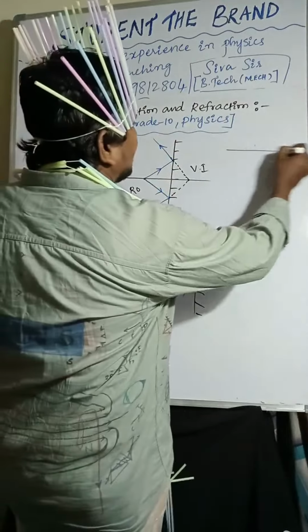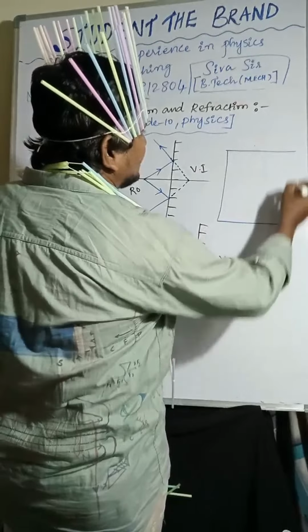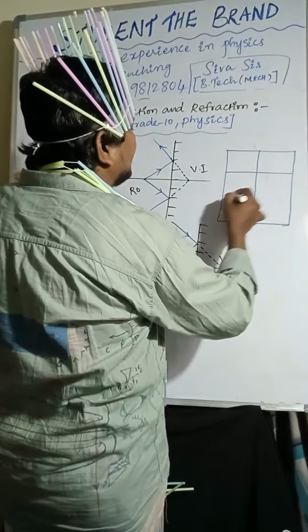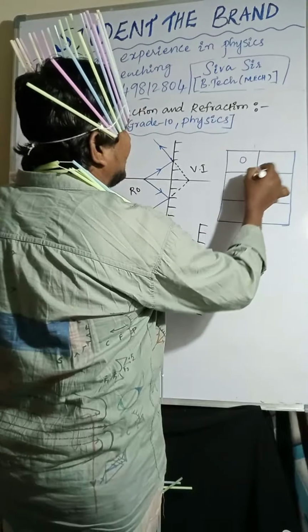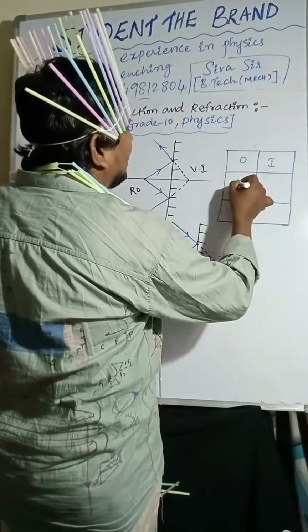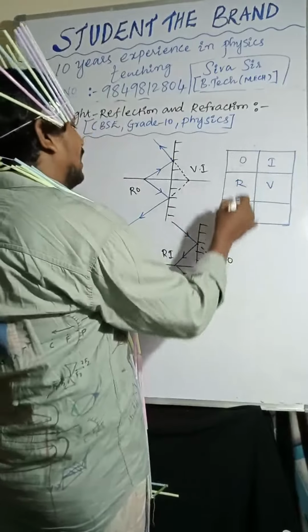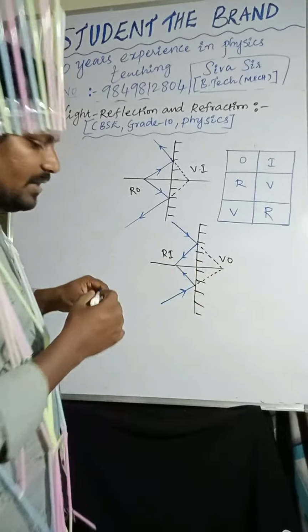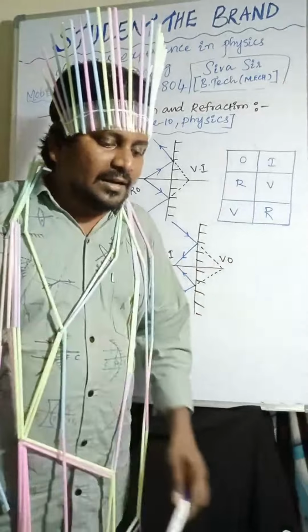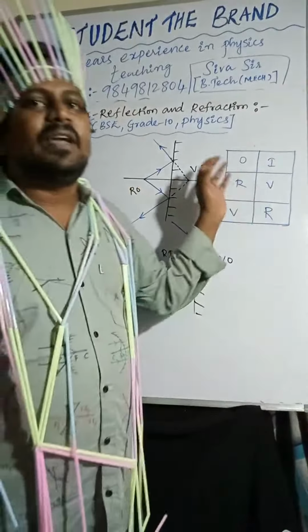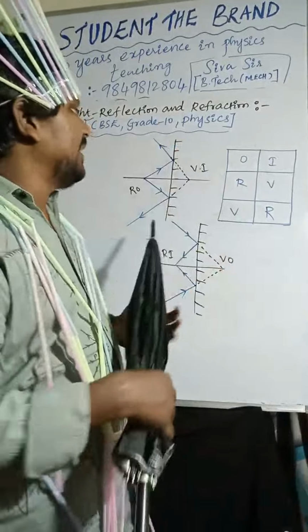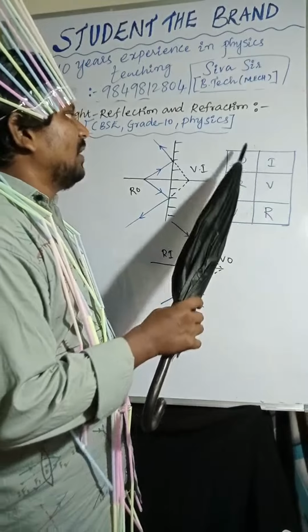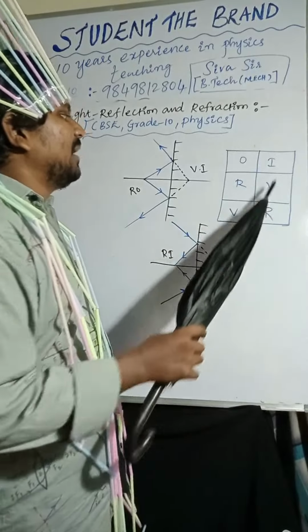By this we can conclude that if the object is real, the image is virtual, and if the object is virtual, the image is real.